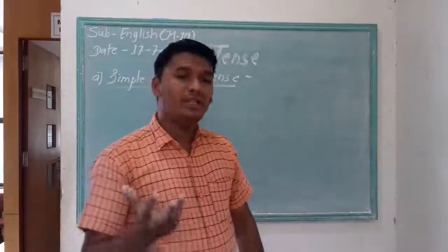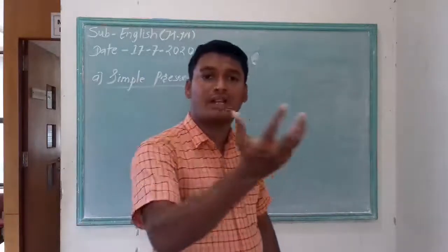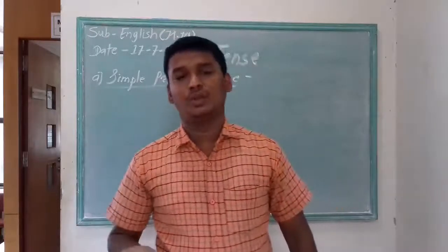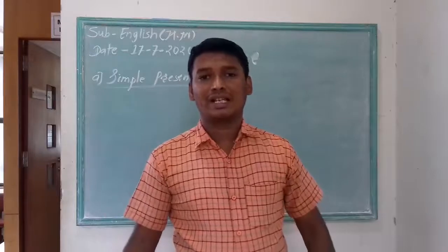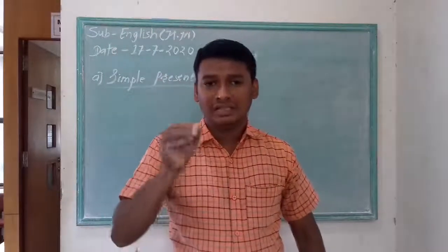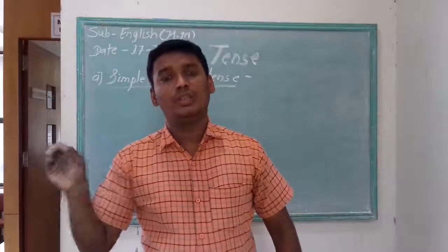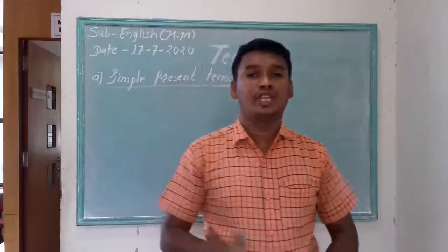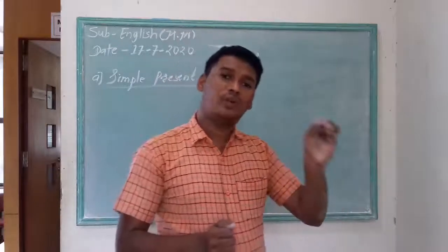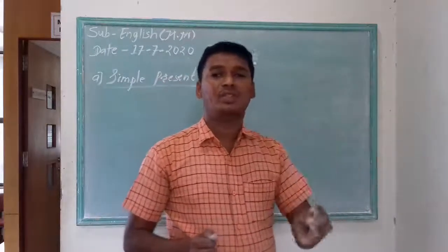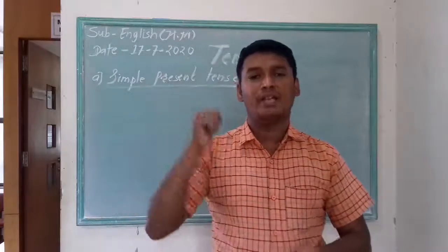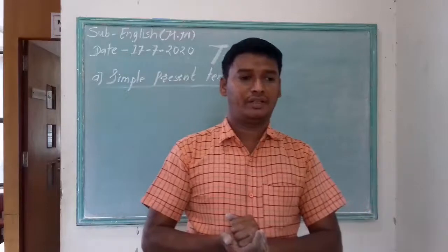For example, the earth revolves around the sun. Does it get changed? No. The sun rises in the east and sets in the west. Can it change? No, it cannot change. It remains forever true, and such universal truths can be expressed by simple present tense.